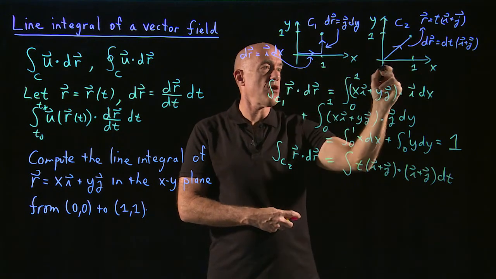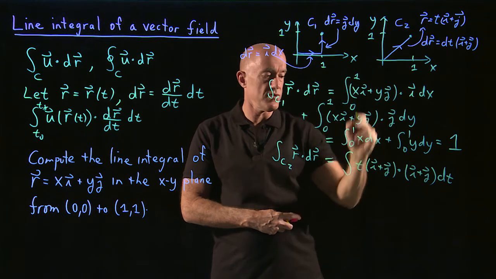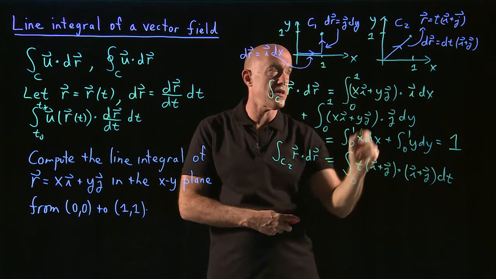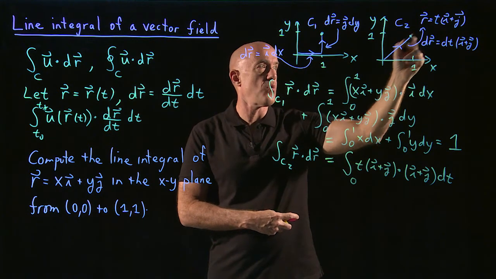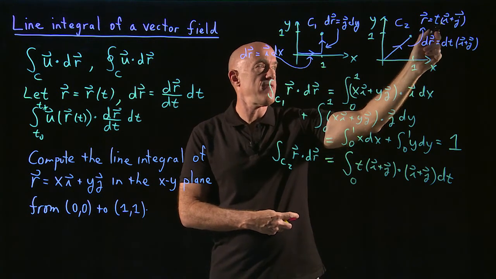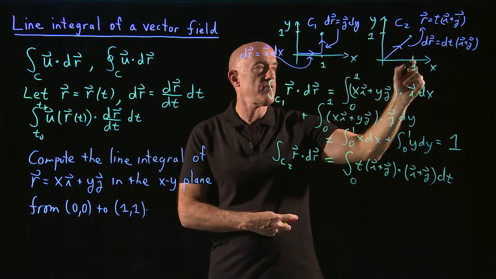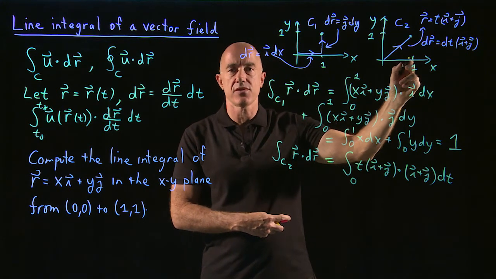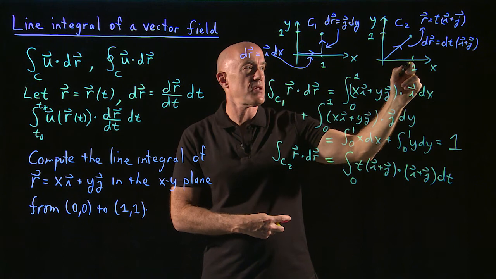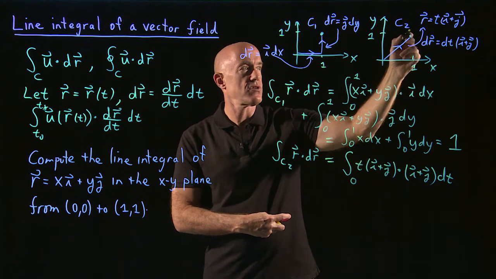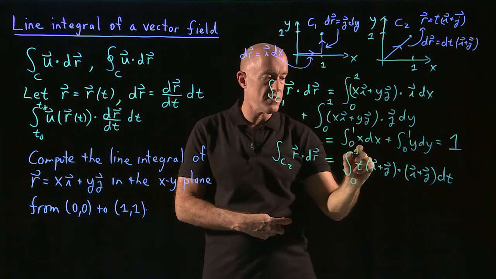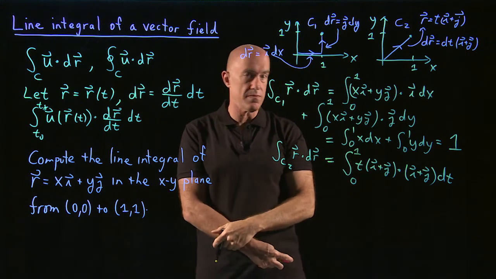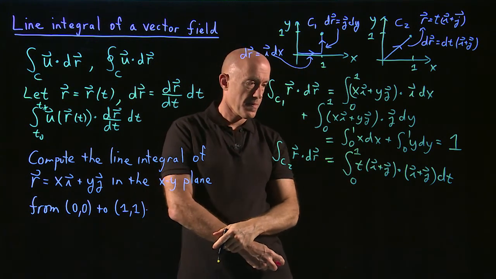To go from r equals 0 at t equals 0 out to a vector pointing all the way to (1, 1), that would be the vector i plus j, the unit vector in the x direction plus the unit vector in the y direction. And that occurs at t equals 1. So the parameter t goes from 0 to 1.